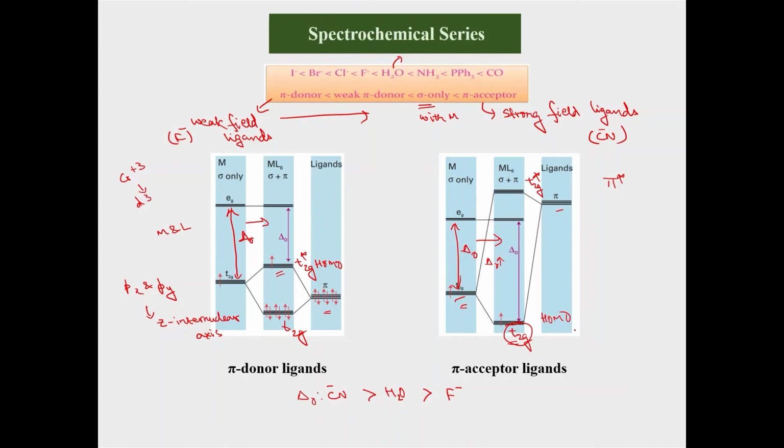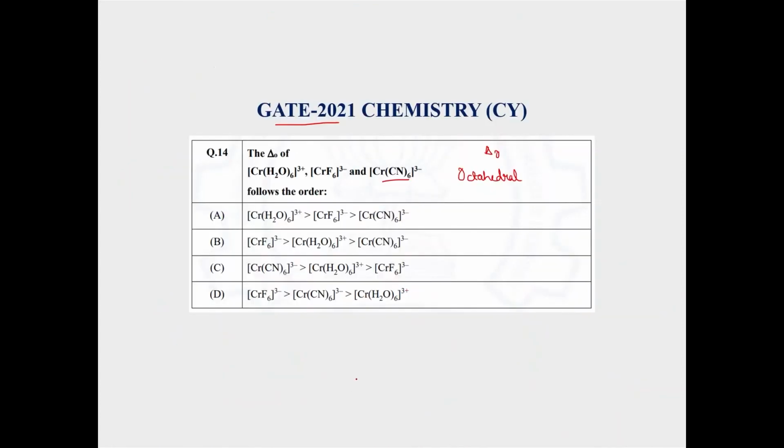Now going back to the question, therefore [Cr(CN)6]3- will have the maximum delta O. This [Cr(H2O)6]3+ will lie somewhere in between, and [CrF6]3- will have the least value of delta O. So option number C is the correct answer.